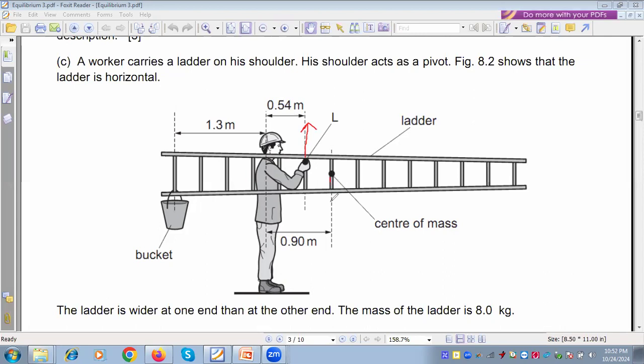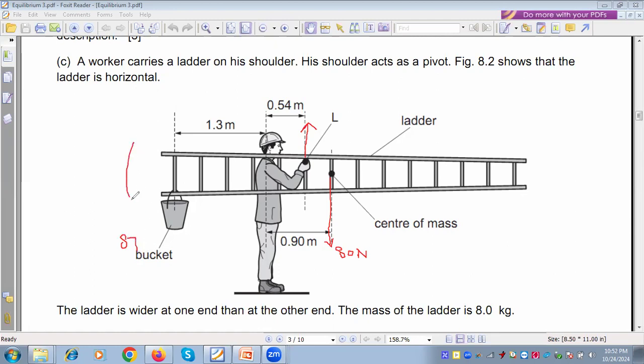Weight of the ladder is 80 Newton, 8 kilogram, yes, 80 Newton, and its moment is 72 Newton meter. And the bucket is 87 Newton.